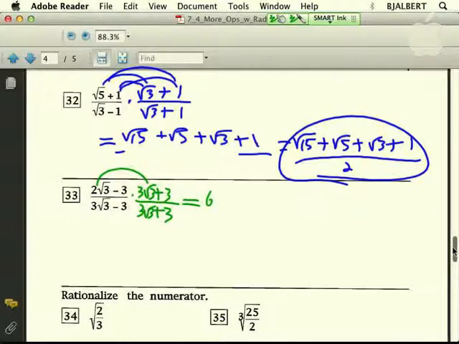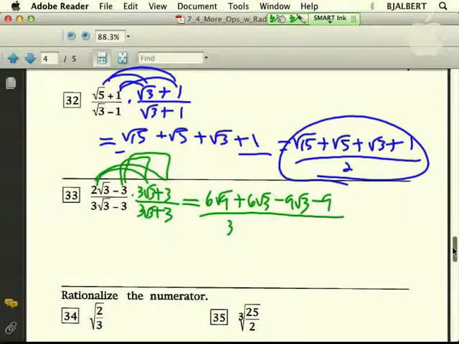That's going to be 6 square roots of 9 plus 6 square roots of 3 plus, or rather minus 9 square roots of 3 minus 9. And in the bottom we got the difference of two squares. So we can write it like this. And this is going to be 27 minus 9, which is 18.